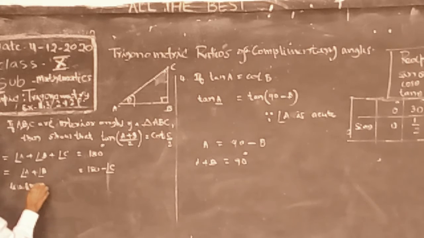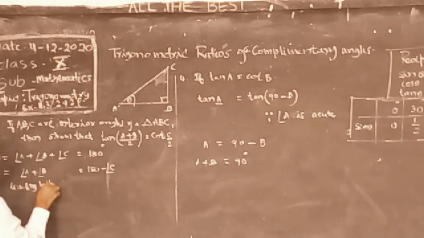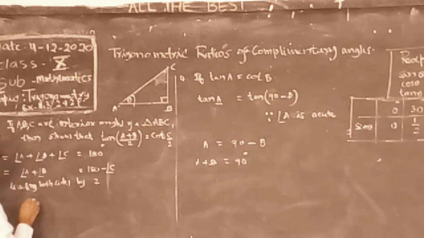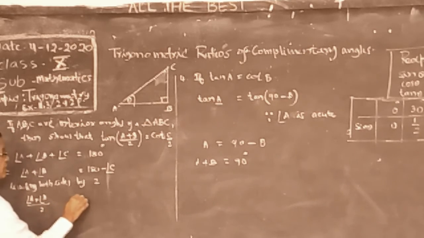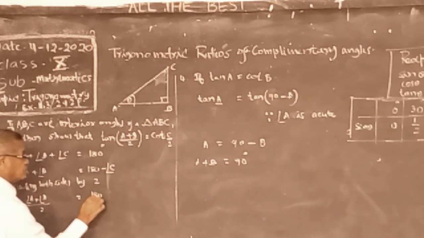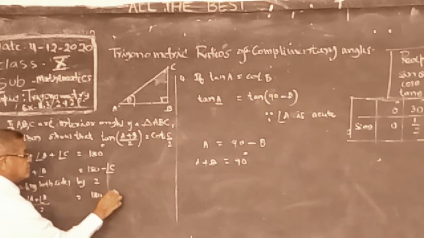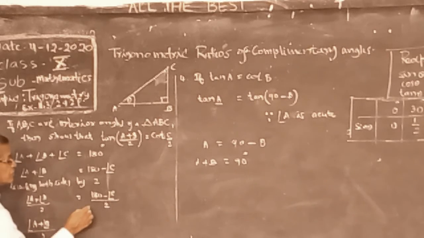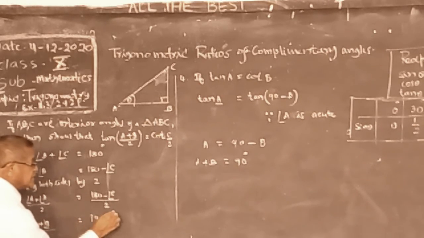Dividing both sides by 2, it becomes angle A plus angle B by 2 is equal to (180 minus C) by 2, which is 90 minus C by 2.